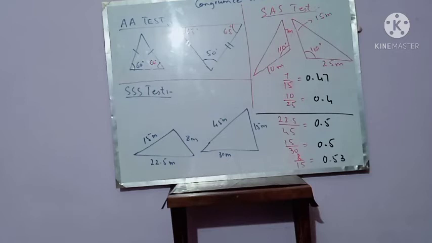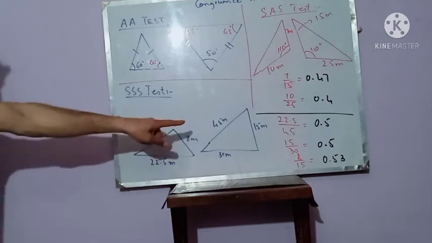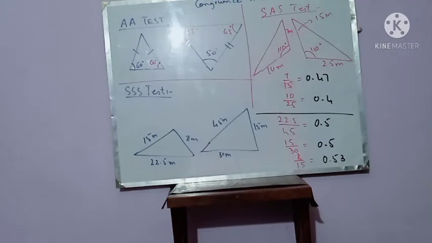When you make the ratios of the corresponding sides, we can see that the three ratios are not the same. 22.5 over 45 is 0.5. Then 15 over 30 is 0.5. Two ratios are the same, but 8 over 15 is 0.53. So the three ratios are not the same, right? So this pair of triangles is not similar according to the SSS test, right?